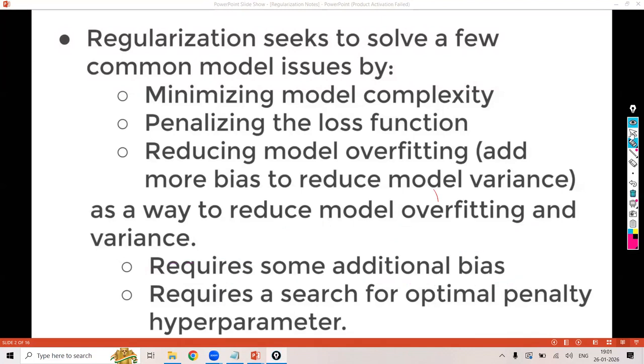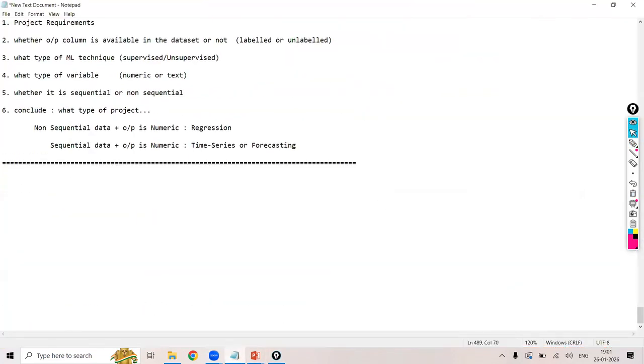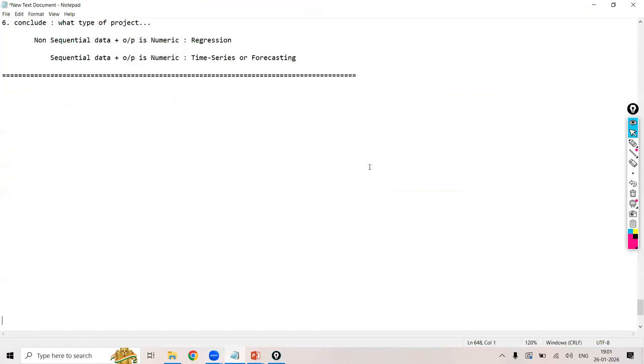What is that bias? Let's understand. Could anyone tell me? Here I am having a single x and a single y. This is nothing but a simple regression problem. Now everyone tell me, for linear regression, what is the equation?